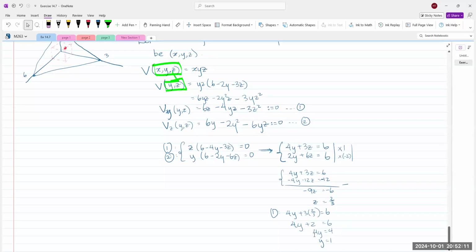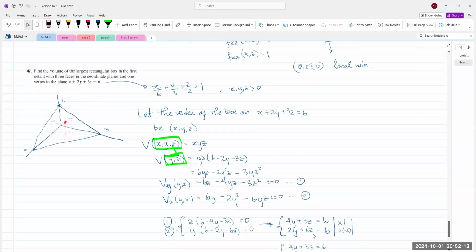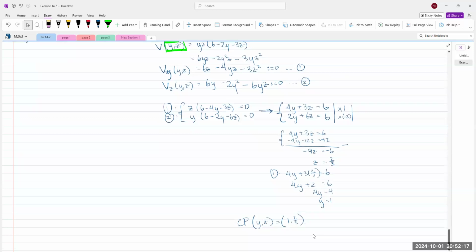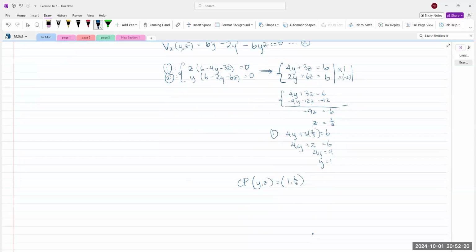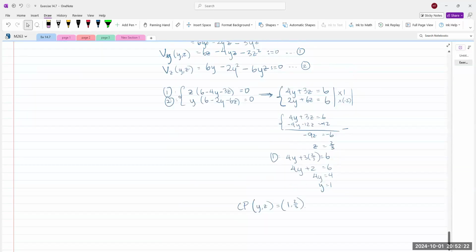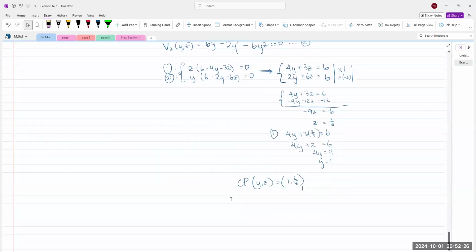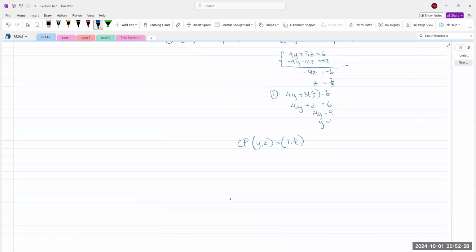You can do the second derivative test to see if that gives you the largest, the local maximum. Okay, and therefore the question is to find the volume. I need to find the x first.